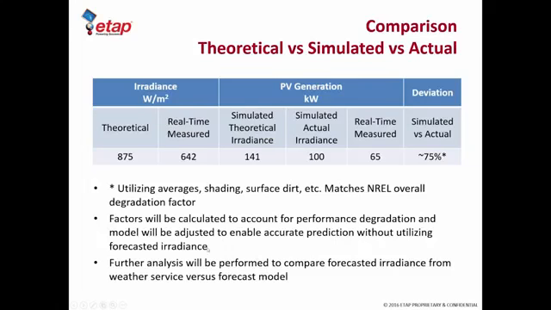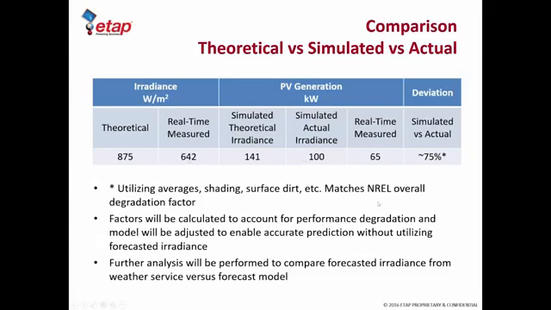So if I wanted to know what's going to happen tomorrow and adjust my generation accordingly, I can use this model and really not rely on weather data necessarily. And then we're going to do further analysis, hopefully in another webinar to follow, and compare the forecasted irradiance from a weather service versus this forecast model that we're going to come up with.